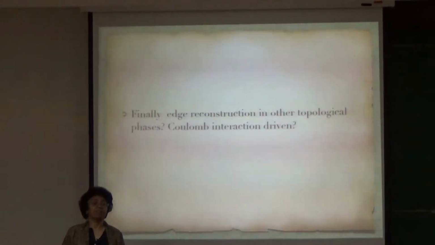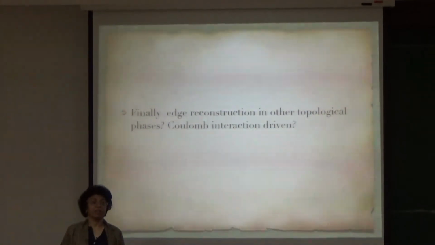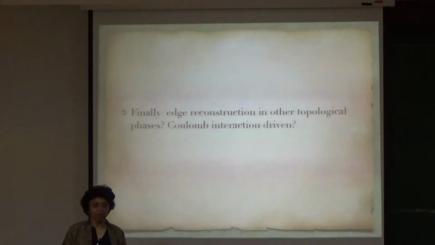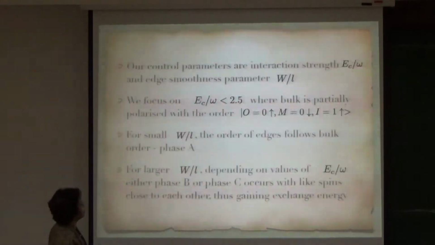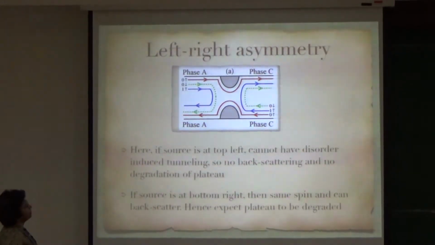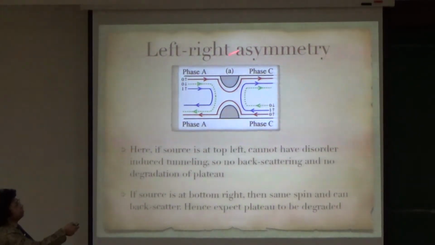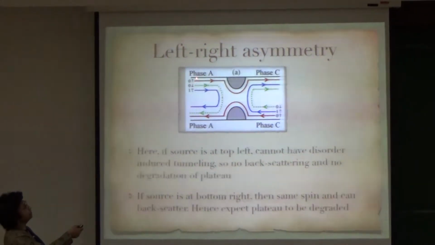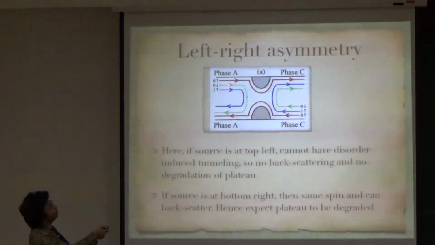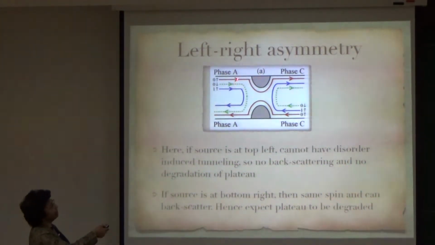To understand the left-right asymmetry experimental proposal a little better, can you go to the next slide? You said injecting the current from one corner and the other corner. From one corner to this corner, I'm thinking of source here and drain here. Yeah. And what I was trying to say is that because this is upspin and this is downspin, we will not have scattering between the two.